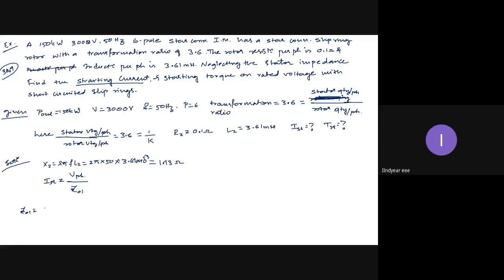Z01 is equal to under root R01 square plus X01 square. So I can write it here: impedance of the induction motor per phase referred to primary.